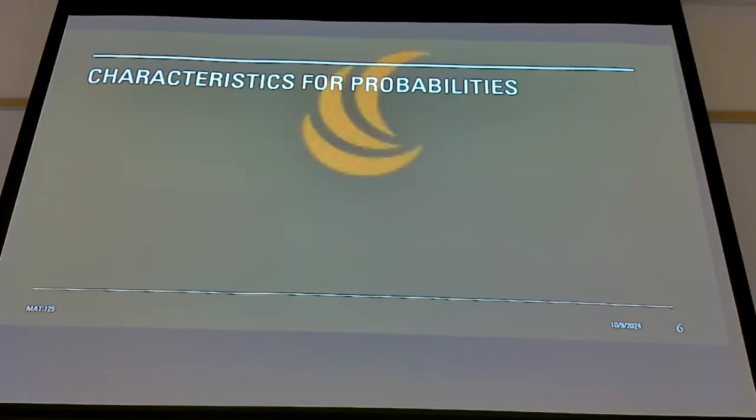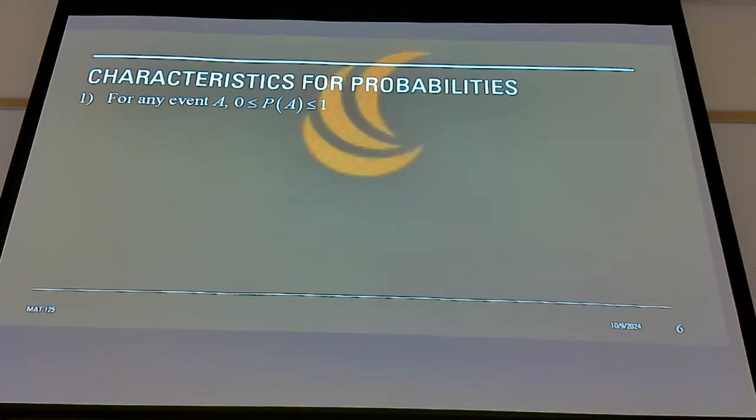Some characteristics. This one is very important. The probability of an event occurring is between 0 and 1 inclusive. What does this mean?